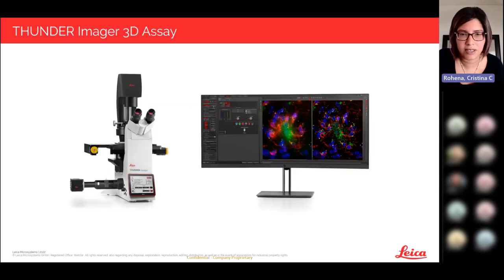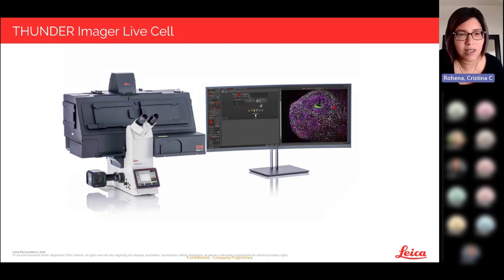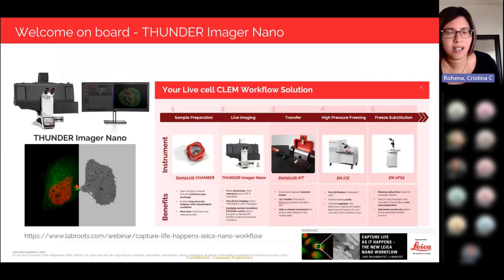When it comes to the inverted systems, again, we have first our most basic system, our Thunder Imager 3D assay. We also have our Thunder Imager live cell, now allowing full control of your environmental conditions, both temperature and CO2 conditions, with the fully motorized system here. And our newest member of our inverted Thunder family, our Thunder Imager Nano.